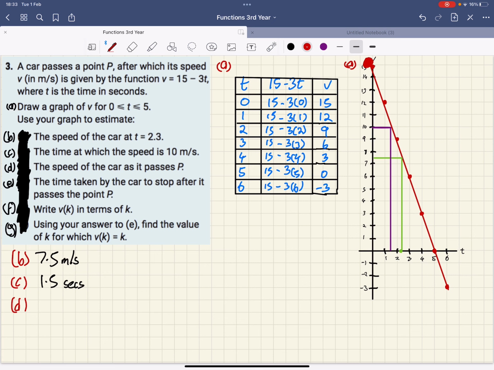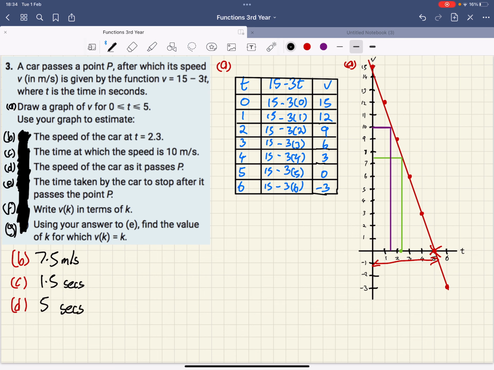Sorry, I'm getting mixed up. The time taken to stop: it stops here, because its speed is 0 here, so it takes 5 seconds to stop.